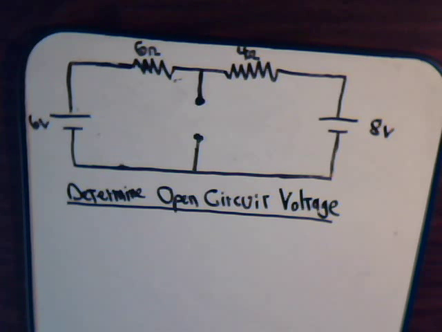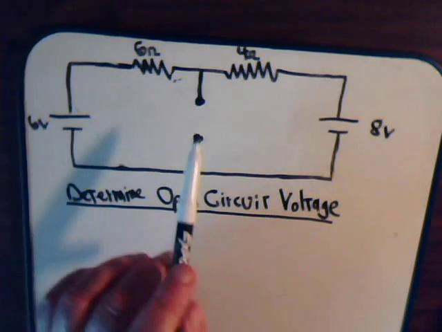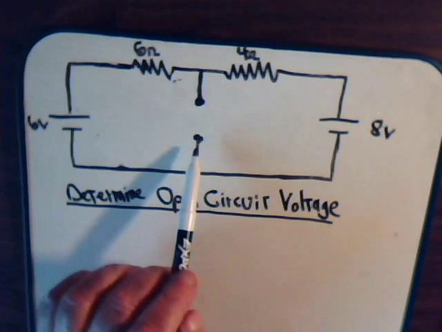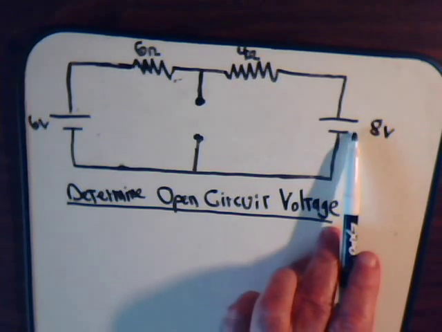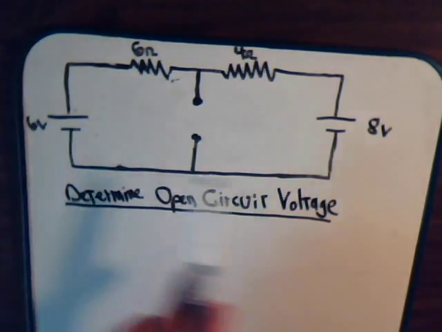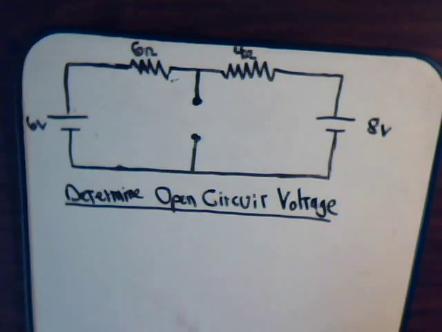Well, we look now at what the current is once we remove that and just leave this open. The equivalent circuit is going to be very simple. Here we have an 8 volt battery in opposition to a 6 volt battery.